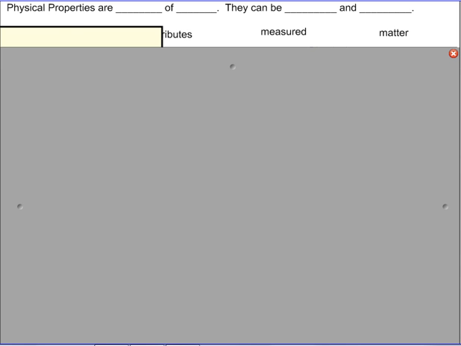All right, at the top of your paper, I want you to write this sentence. Physical properties are attributes of matter. They can be observed and measured.